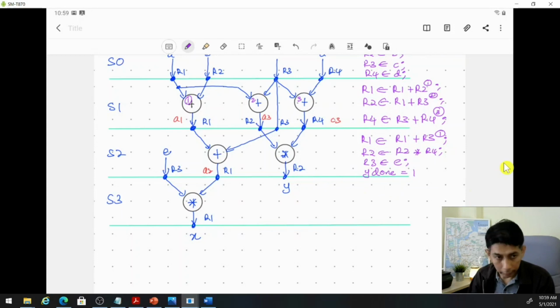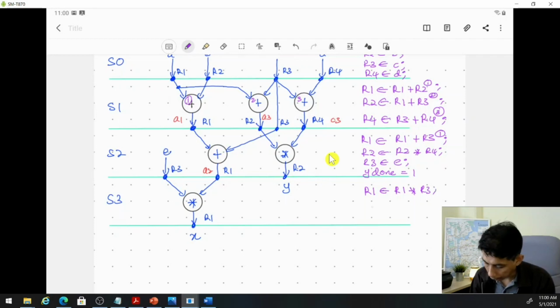And the last cycle, S3, we have only one operation, which is R1 is R1 multiplied by R3. Right, R1 multiplied by R3.